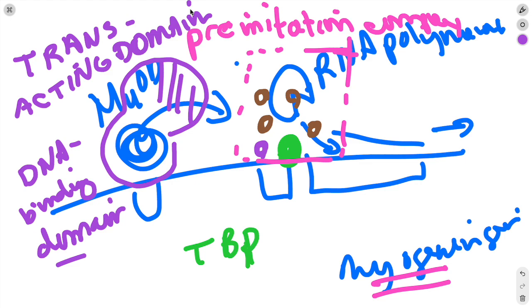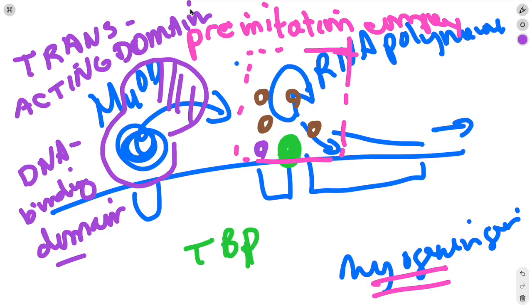And the transacting domain, whatever transcription factor it's on, is going to affect the rate limiting step. So that's the action part of it, right? We got to get that there by binding to DNA and the enhancer, and now it's there and it's doing its job. And in the case of MyoD, it just binds TBP and holds it to help TBP get here.